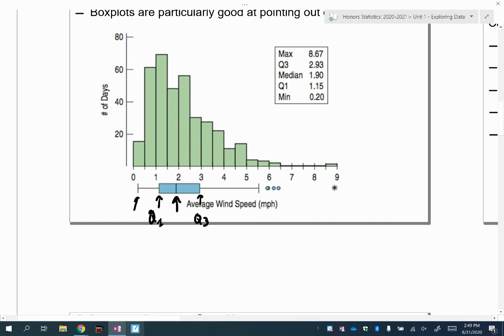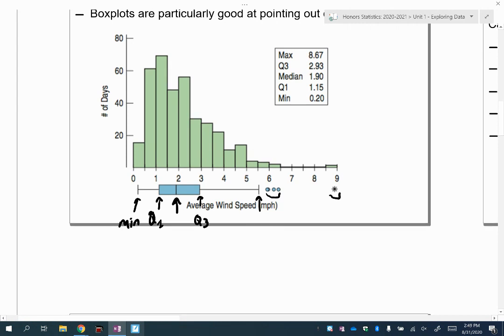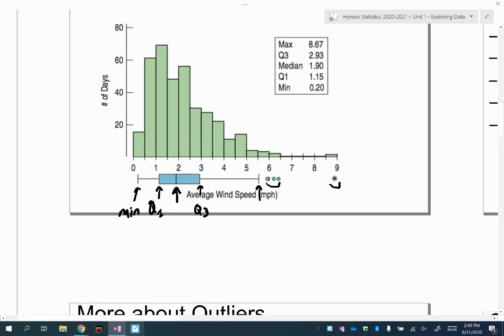And then down here, the ends of what we call the whiskers, if you don't have any outliers, that's the minimum and the maximum. But what's interesting is, since we have outliers on the high side, this lower one is the min. But these points here are outliers, and then that point, the 8.67, is an extreme outlier. So this last part of the whisker is not actually the maximum, because you can see the maximum is way out here.